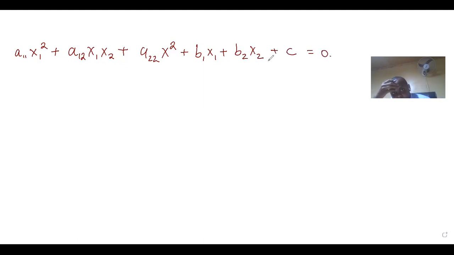And we separated the part with the quadratic part, the linear part, and the constant.